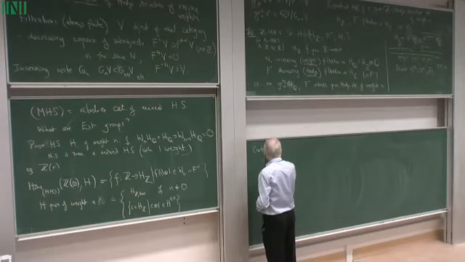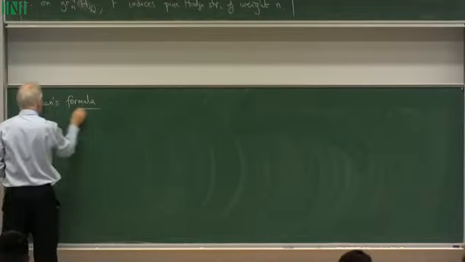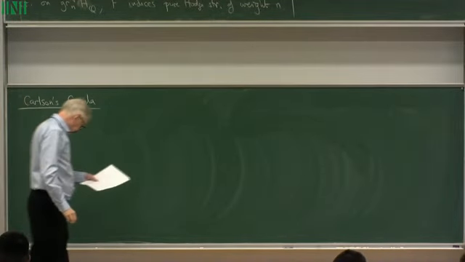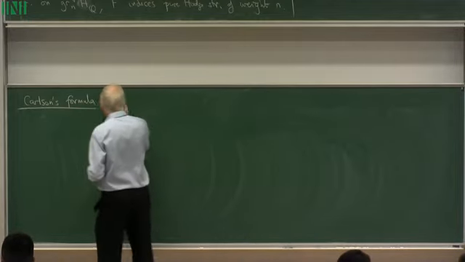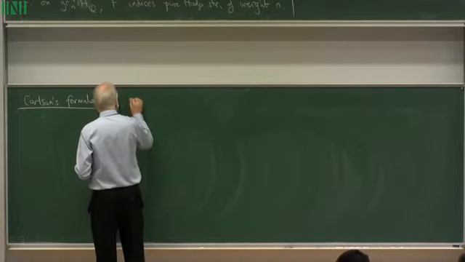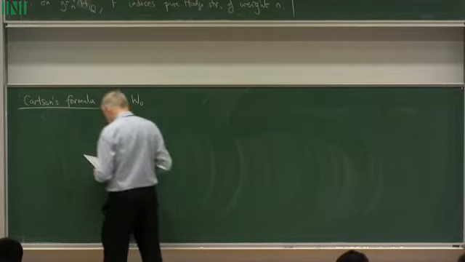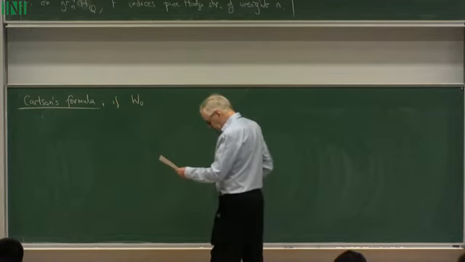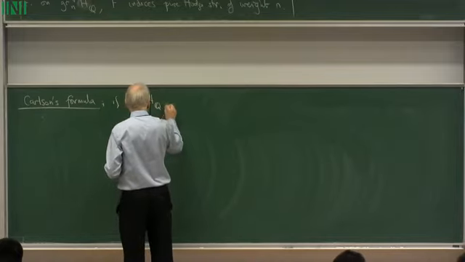Okay, so for the Ext, there's something called Carlson's formula. It's easiest to write this down if there are no weights strictly greater than 1.